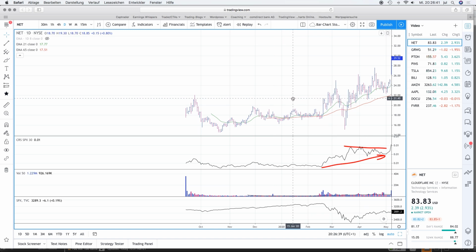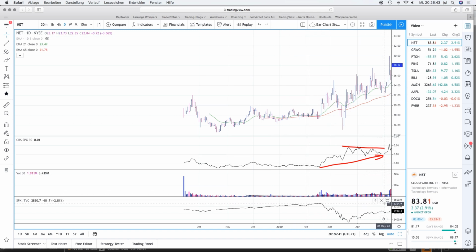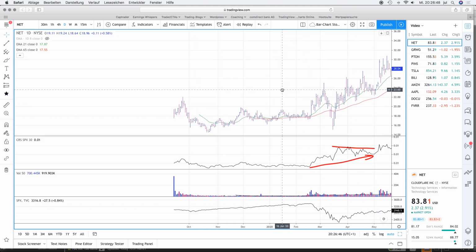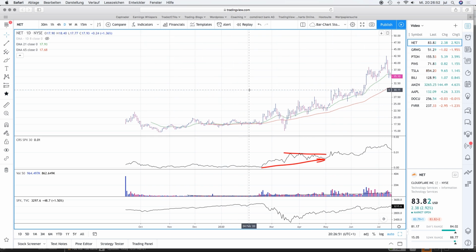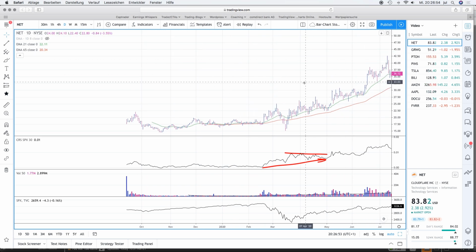Now you can see that only a couple days of correction in the S&P 500 is enough so that the stock is able to outperform the market again.